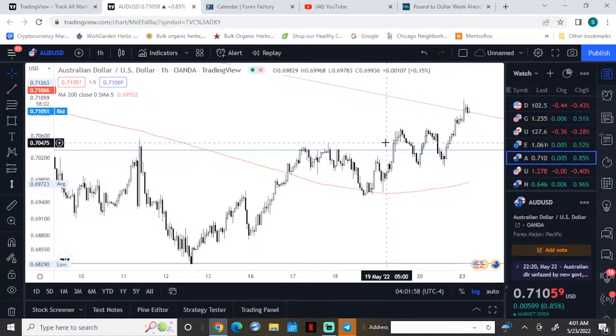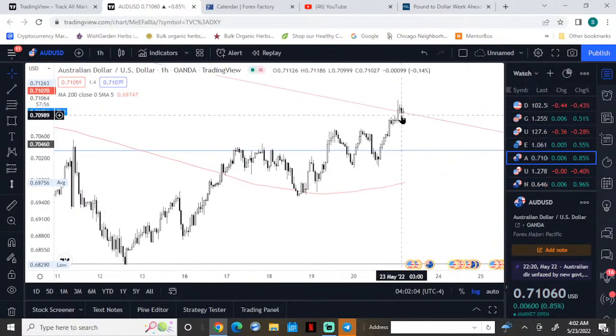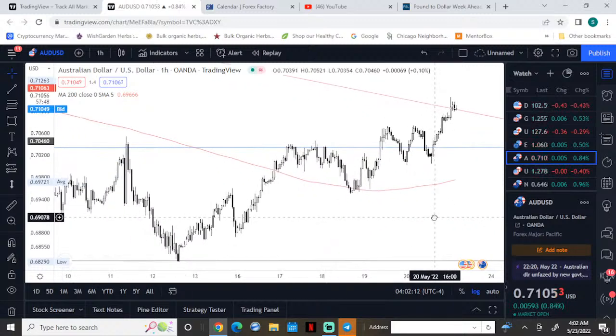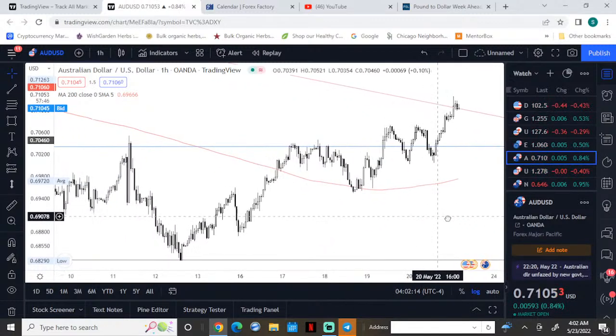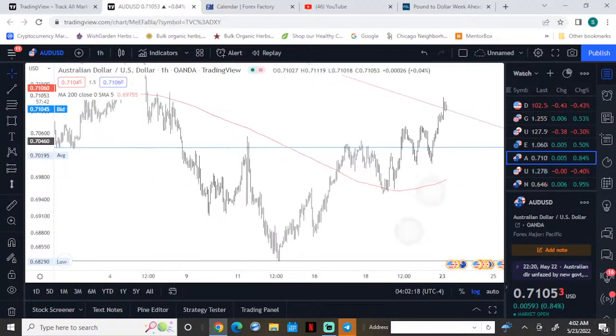Okay. So current price right here looks like we broke and we retested. I would like to see an engulfing candle, a nice move away. All right. So put my fib back on here.